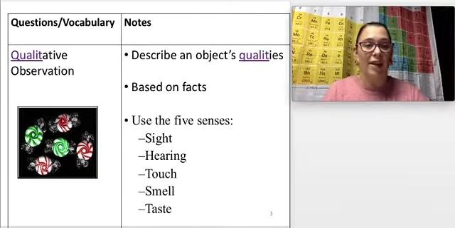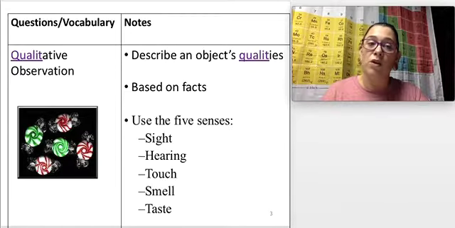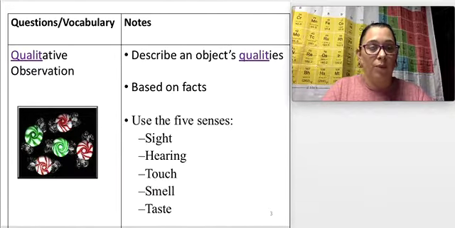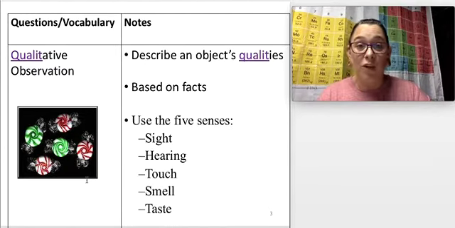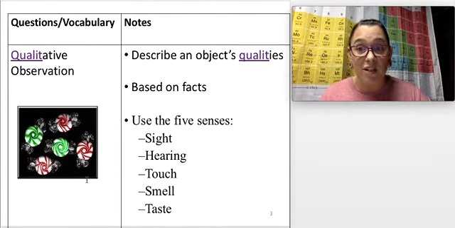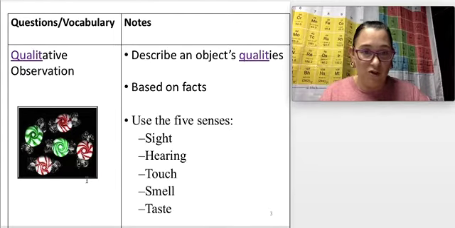If you look at the candies in the picture, you could describe those as red and green. They have white in them. They have a wrapper. There's some plastic in that wrapper. The background is black in the picture. There's a ton of things that you can talk about here that are not related to numbers. You're just making qualitative observations.